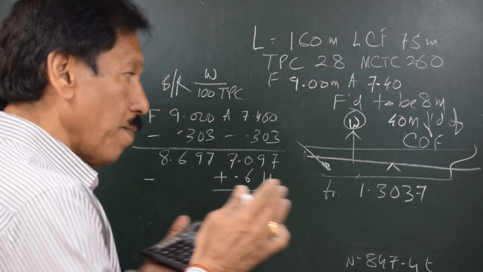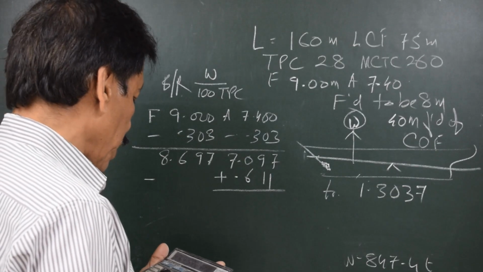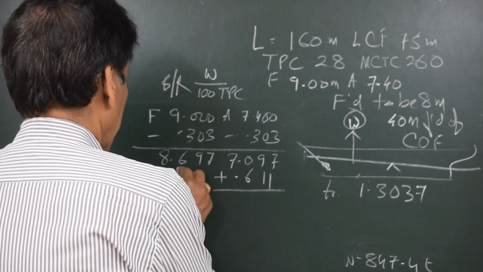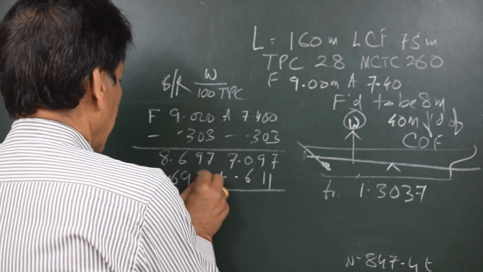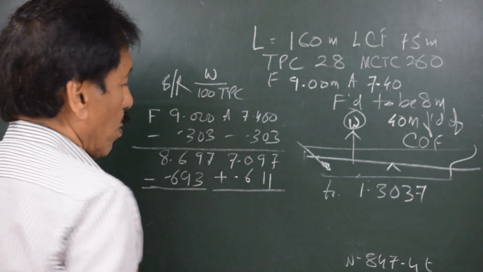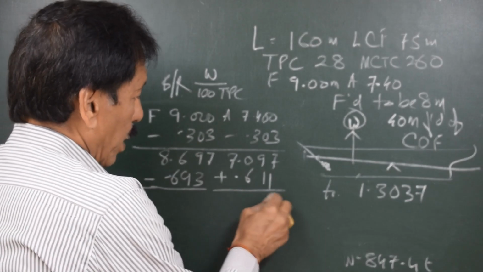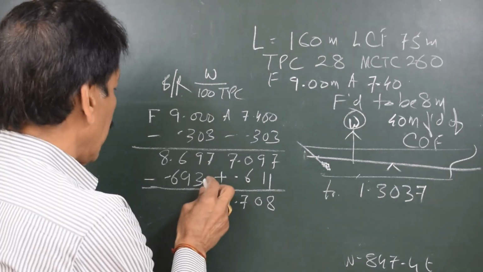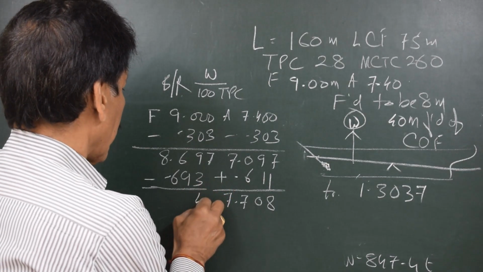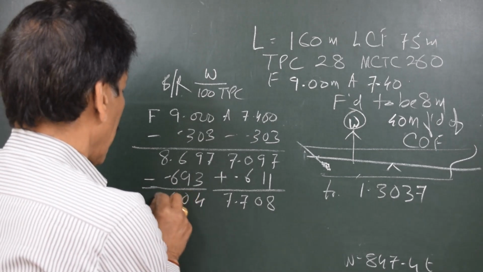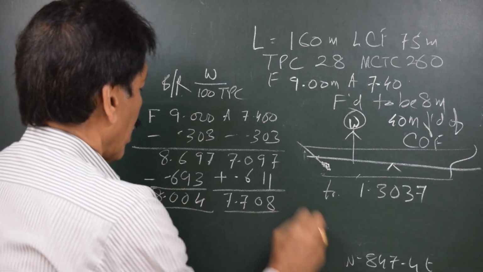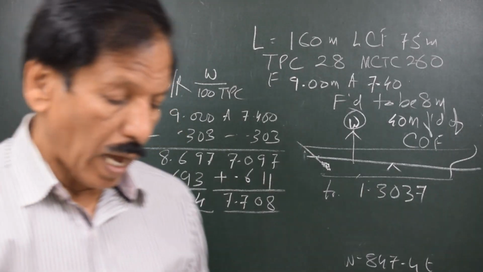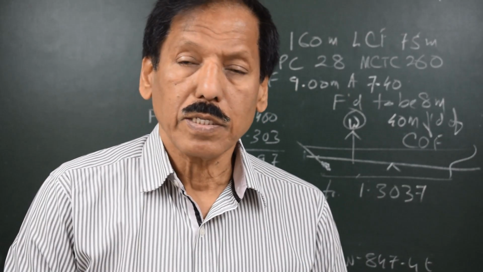Total trim change minus TRA gives TRF, that is 0.693. So let's find out the final drafts. Here it will be 7.708, and here it's going to be 8.004. So this is how we can find out the forward and aft draft by the standard trim format.